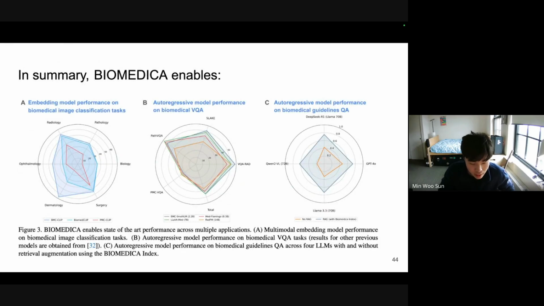So building Biomedica has really enabled us to train a CLIP model, an autoregressive VLM, and also build out an index that allows RAG. And not only that, we see strong performance across all these applications. So Biomedica seems to be quite a useful resource.